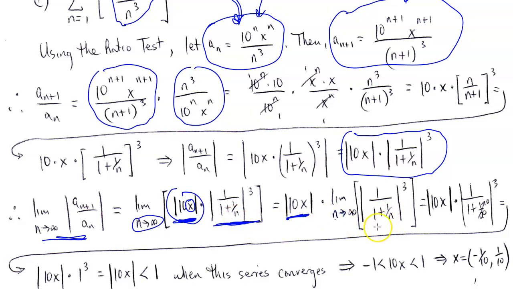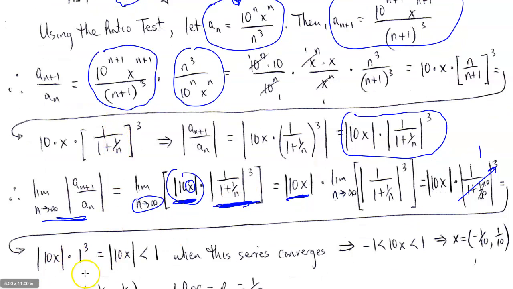And we just evaluate the limit of this 1 divided by 1 plus 1 over n, all that absolute value cubed. And we see here we can just plug in infinity for n, and all this just ends up being 1 at the end of the day, okay, which is what we see here. So 1 times absolute value of 10x is just absolute value of 10x.